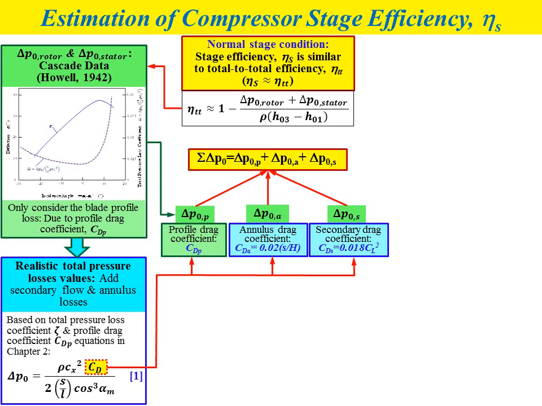So we combine all the total pressure loss delta p naught due to profile losses, annulus losses, and secondary losses, and then we substitute this total pressure loss into the equation for total efficiency. So we will get a more accurate total efficiency based on various types of losses in the compressor.